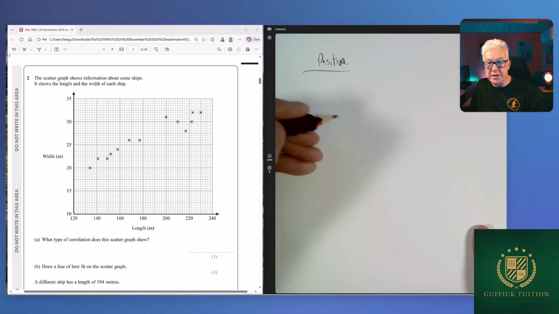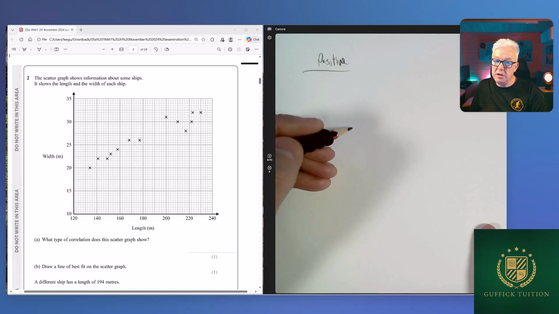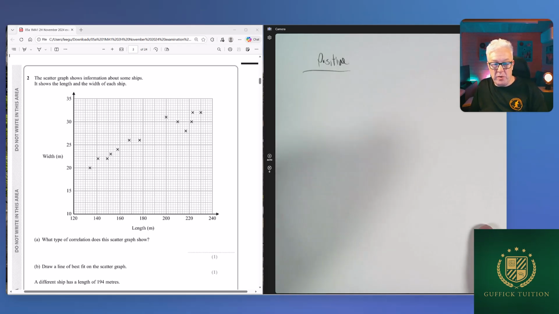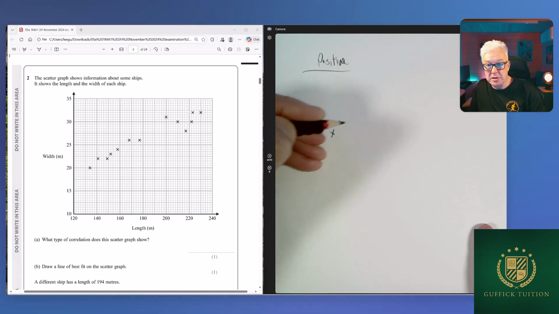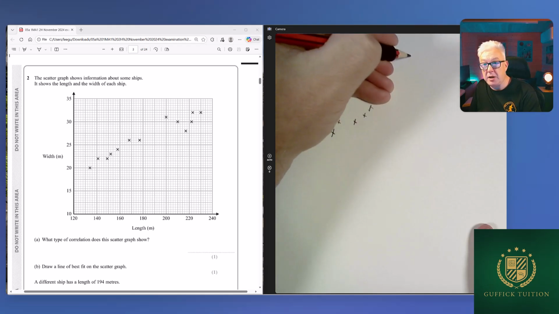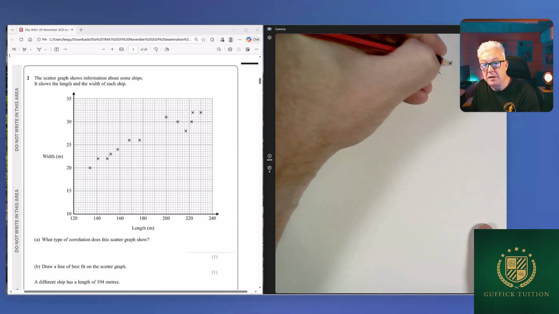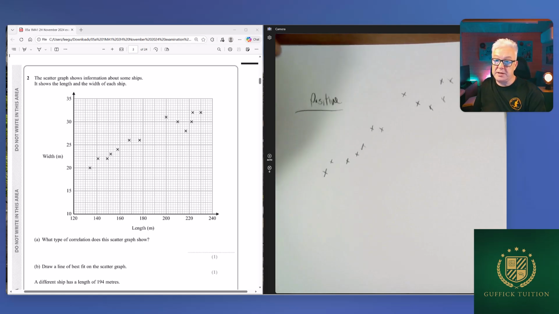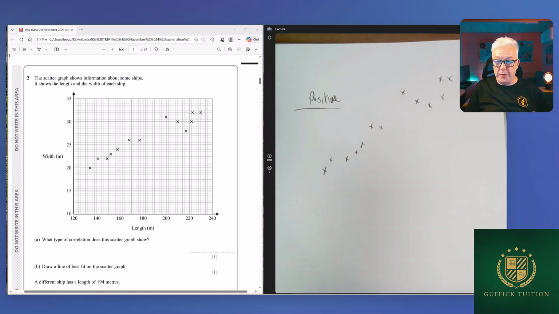There are various ways you can do this, but in this particular question it looks like we've got a lot of data here, and then up here we've got these 3, and it looks a bit like that. So there's my rendition of what we've got.